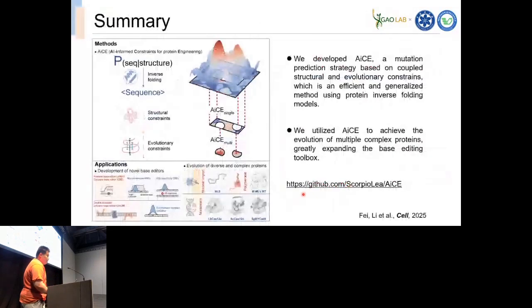To summarize, we developed ACE, a mutation prediction method combining structural and evolutionary constraints using inverse folding models. It's simple, generalizable, and works without specific model training. We used ACE to evolve complex proteins, extending the genome editing toolbox with new functional variants.